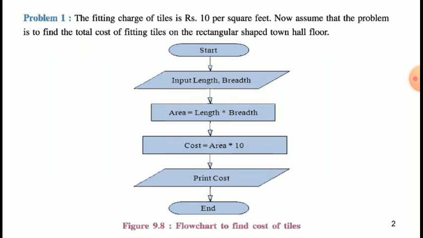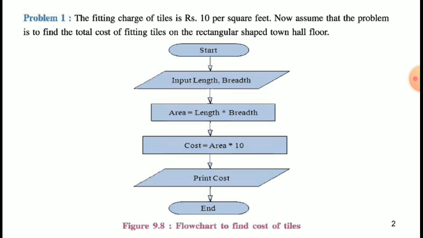So that is a flowchart. First, the solution: area equals length into breadth, and second, cost equals area into cost per square feet. So first is the starting and last is the ending.